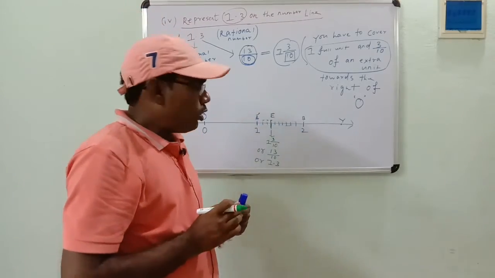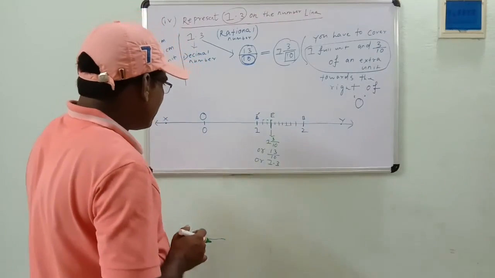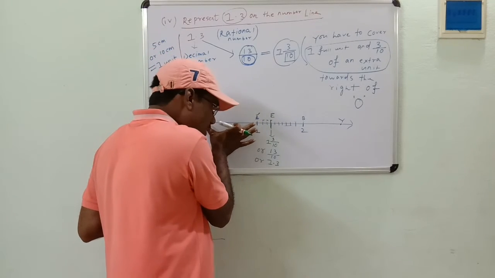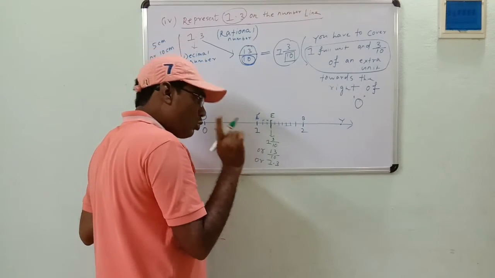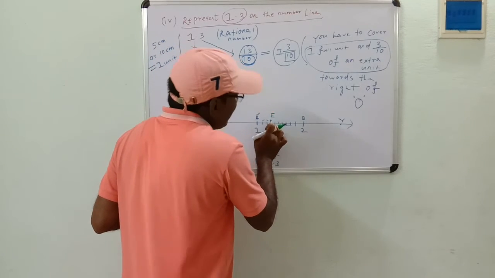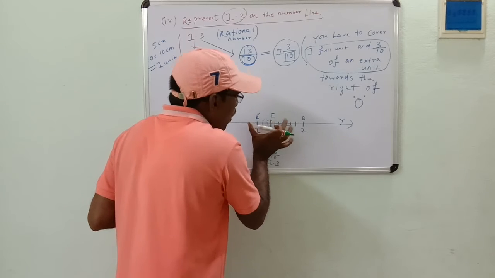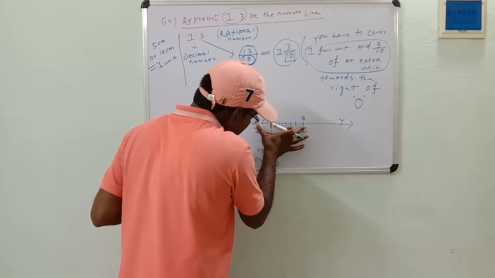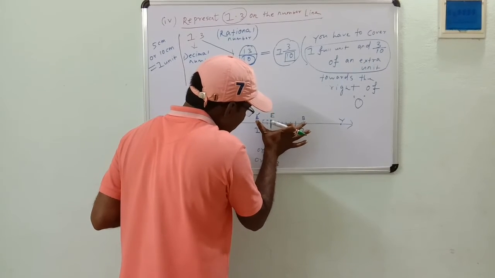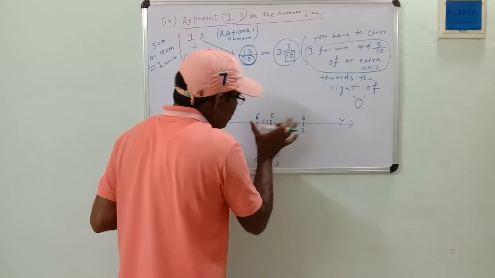If you have any doubt, then again check. From point O to point A it is 1 full unit, it means you covered 1 unit. Then from point A to point E it is 3/10 of a full unit. From A to B it is 1 full unit.